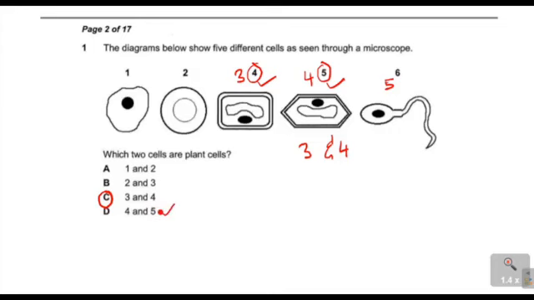So I hope you have gotten what I've said here. The parasite cell and the sponge cells, these are the 2 plant cells. So cell 1, cell 2, and cell 6, these are animal cells. So we have answered this question. We now move on to our next question.